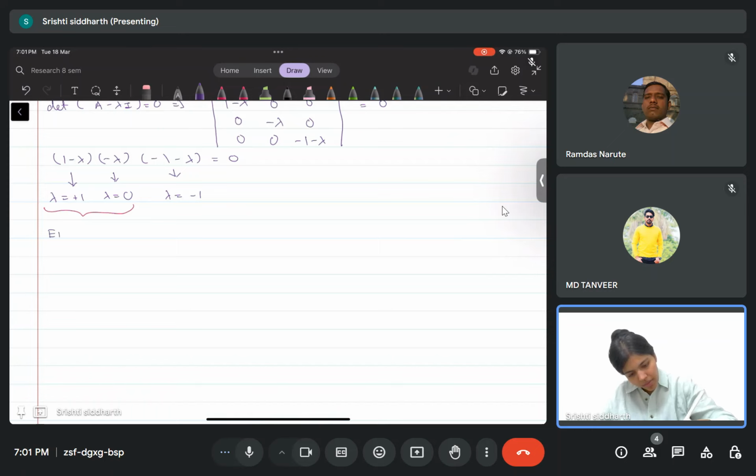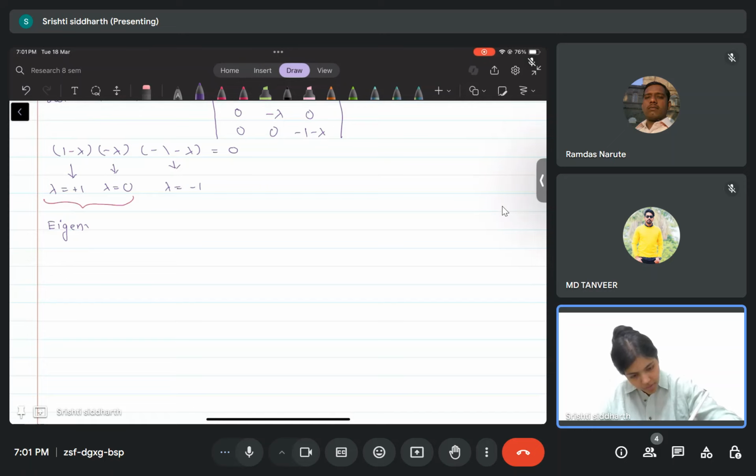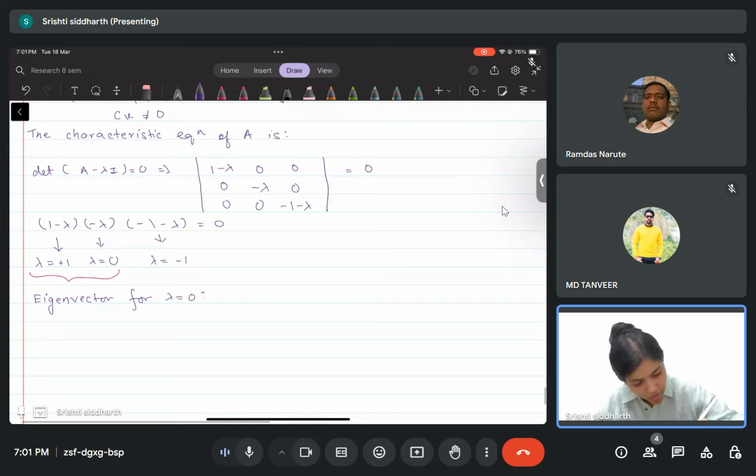Alright, let's see. For lambda equals 0, this is going to be AV equals lambda V, which is simply the 0 vector.